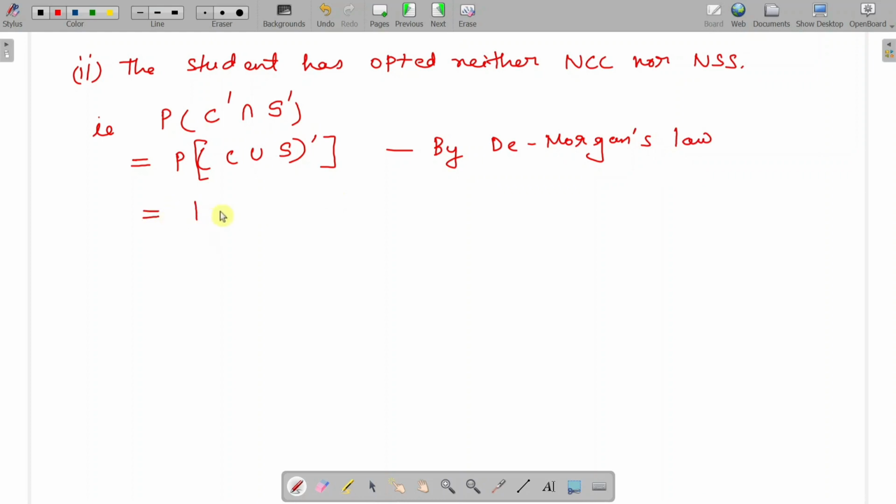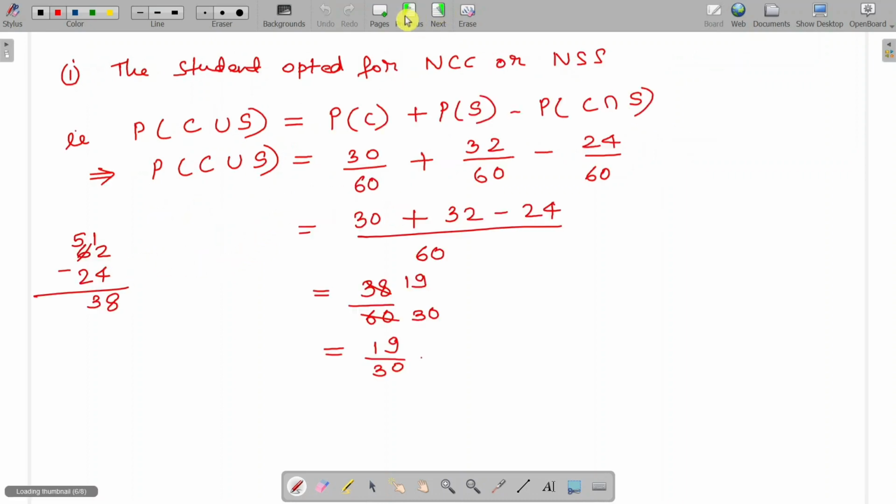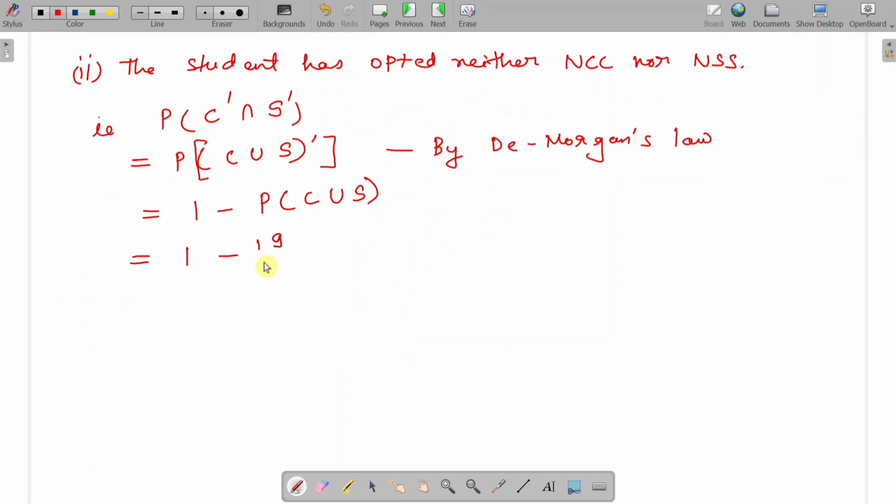So this is equal to 1 minus probability C union S. So that is 1 minus 19 by 30. So this will be what? 30 minus 19 by 30, that is 11 by 30.